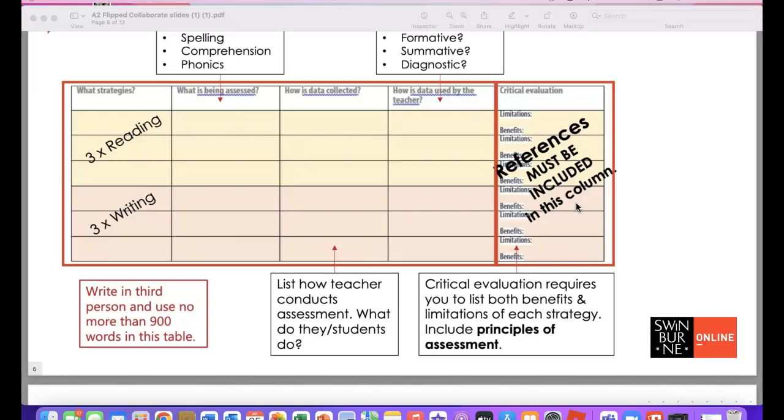But what we really want to look at is, when we've got the data in front of us, what's good about it? If I've got a writing rubric sitting in front of me, and the first column analyzes punctuation, the second column analyzes sentence structure, and the next column analyzes whether the child has used paragraphs, I can look at that rubric and I can say, where are the ideas?